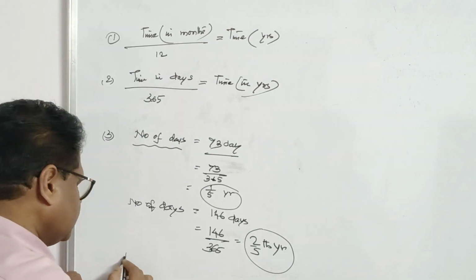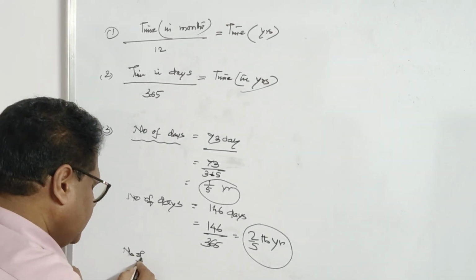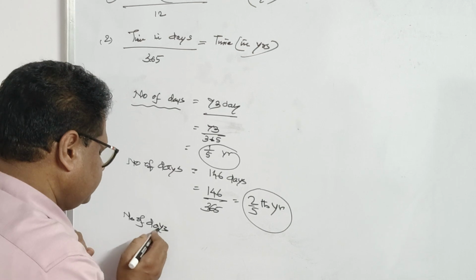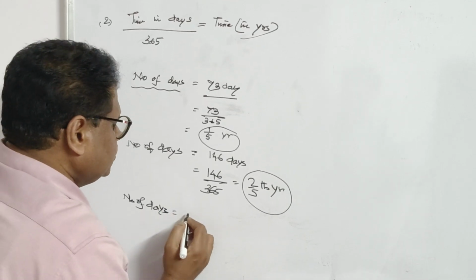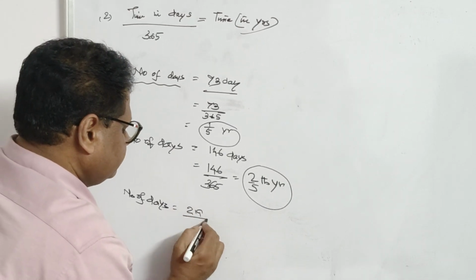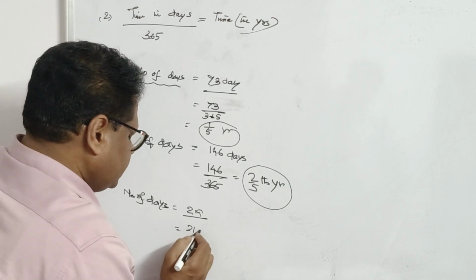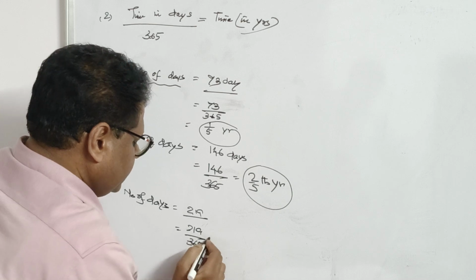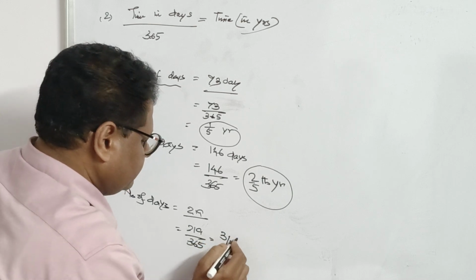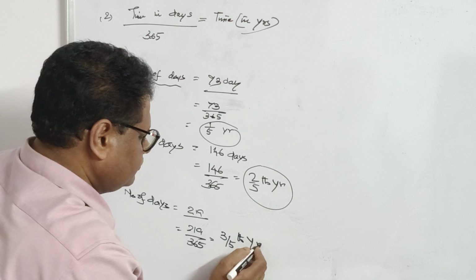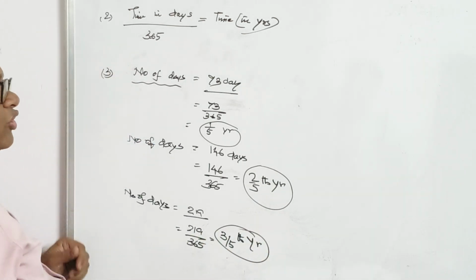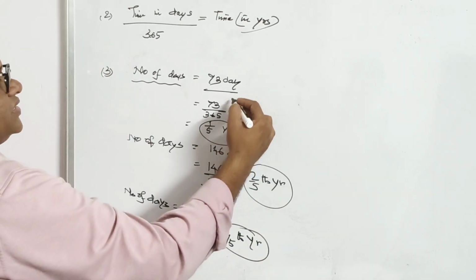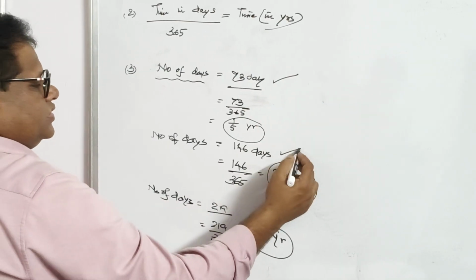Similarly, if the number of days comes to 219, then convert this by dividing by 365, so you get 3/5 of a year. So there could be possibilities, either this or this or this.